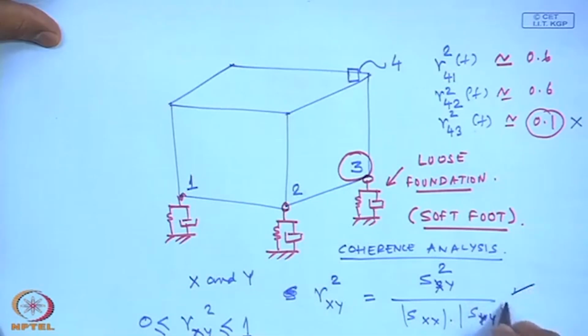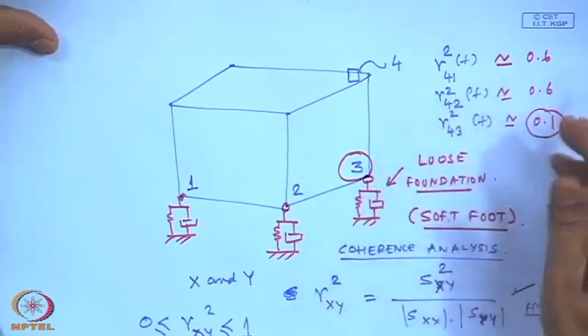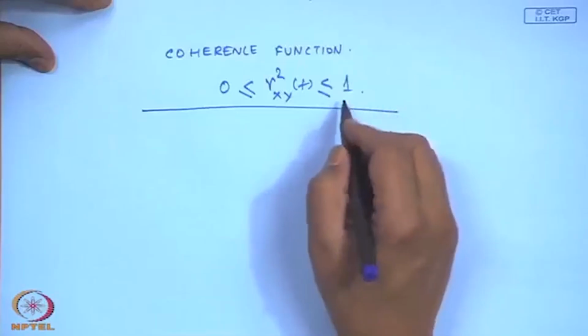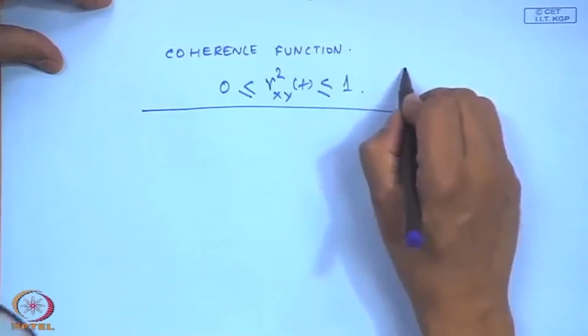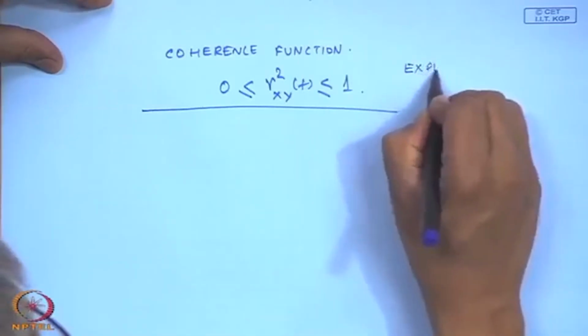Of course, the modern FFT analyzers have these functions built in. So, you can measure the coherence, and if there is a soft foot, the coherence would be poor in the given frequency domain. So, this is another way such looseness can be detected. In fact, coherence also has a very important application in experimental modal analysis.